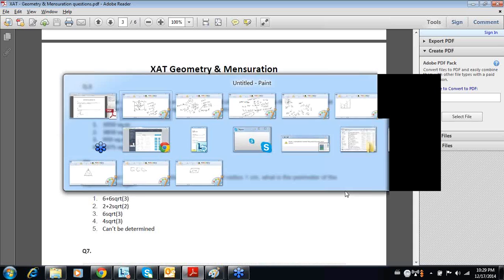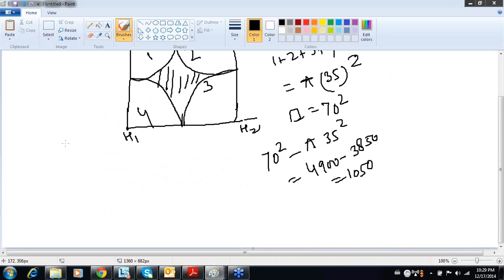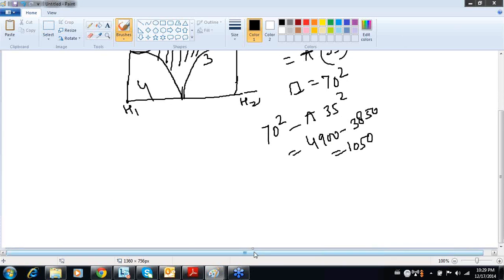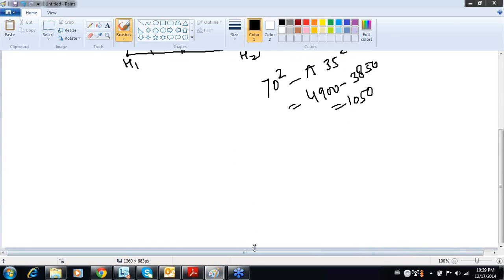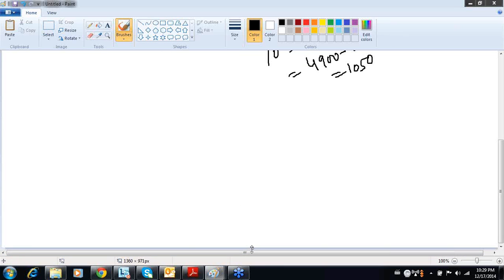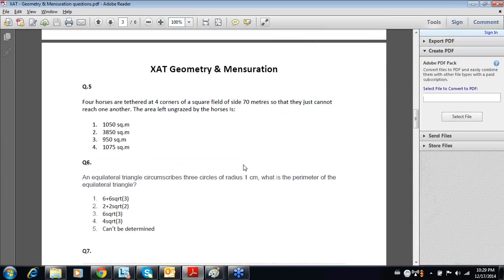Okay, let me go to question number 6 now. Question number 6, let me do it here only. It's not a big question, so I believe this should suffice. Okay. So question number 6, what does it say? An equilateral triangle circumscribes 3 circles of radius 1 centimeter.